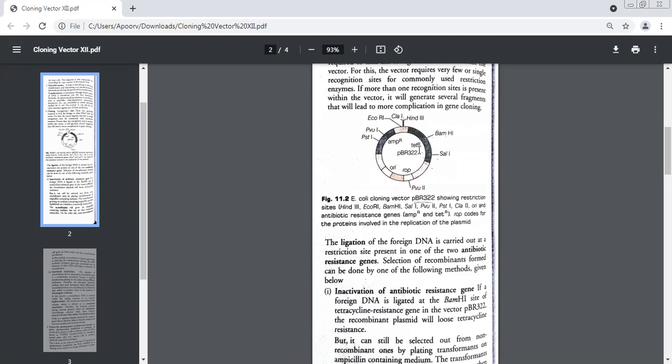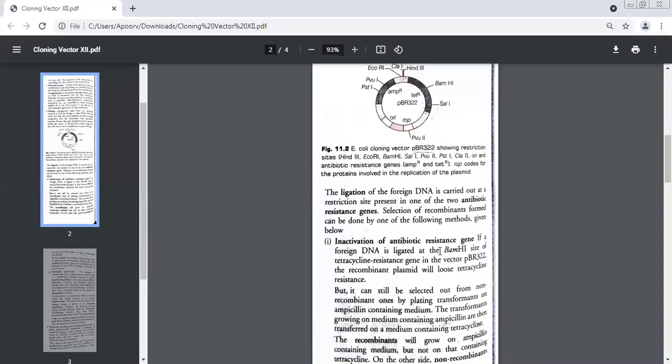A foreign DNA. So the first step is done. We have made this gene inactive by ligating foreign DNA. And have we made inactive one antibiotic resistant gene or both?